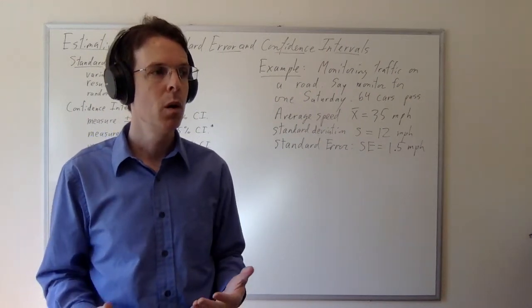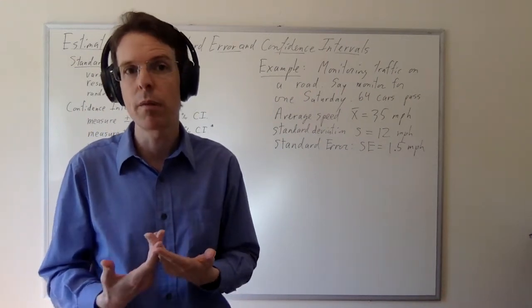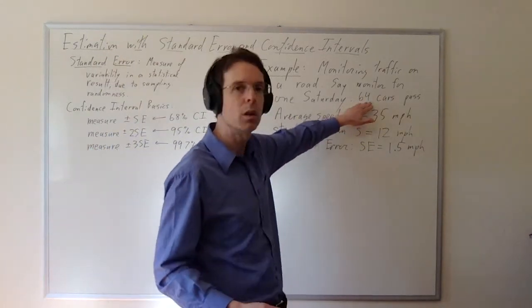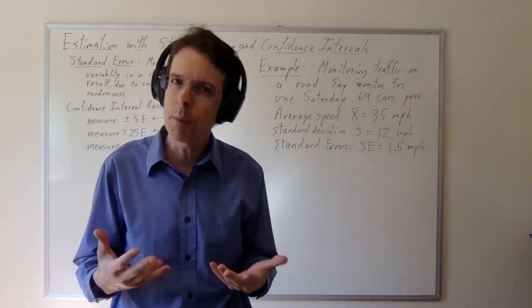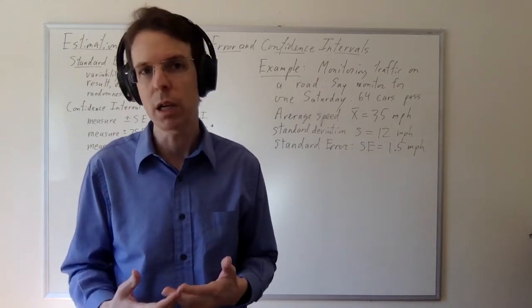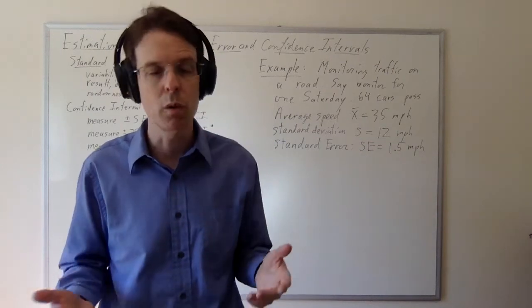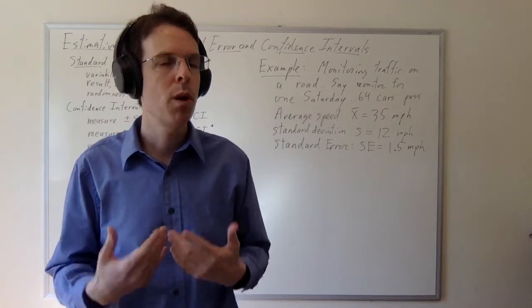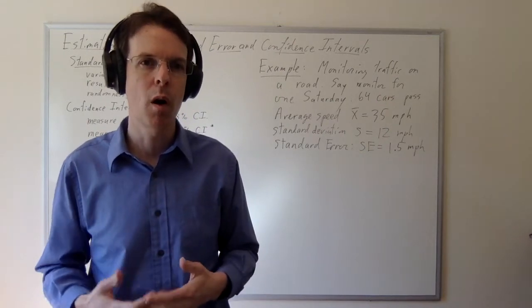Now, does it matter? Well, probably it doesn't matter very much. Probably with the sample size, which is relatively large, 64 cars, our measured mean is pretty close to the actual mean, which might be 36 or 34, maybe 37, something around there. Probably our measurement is not too far off.